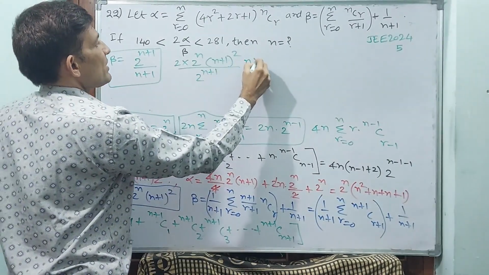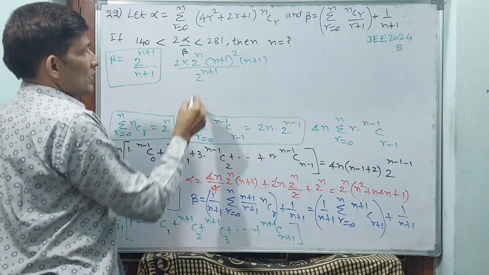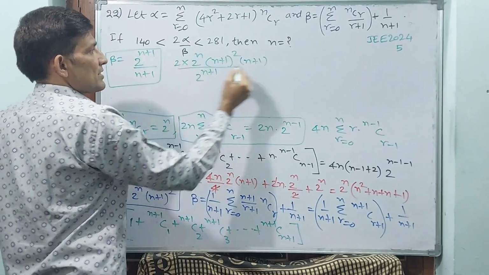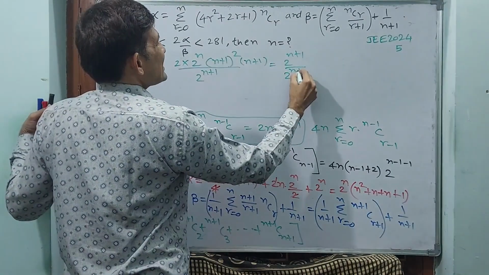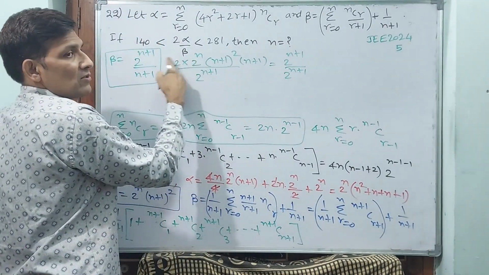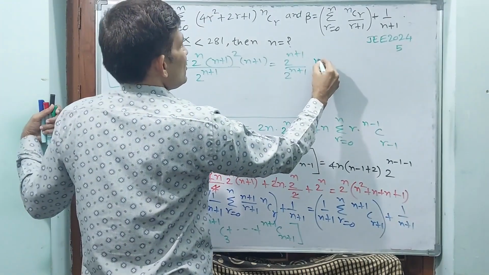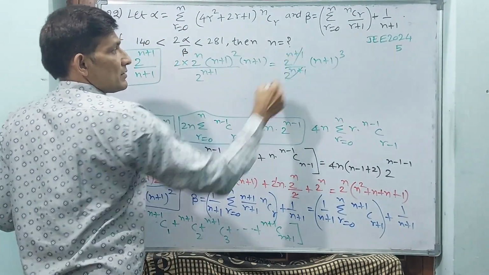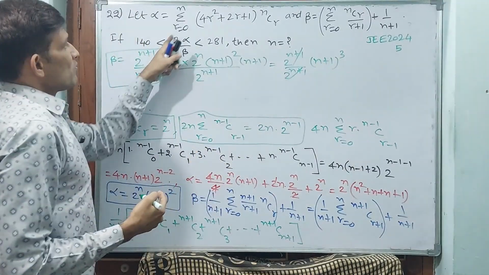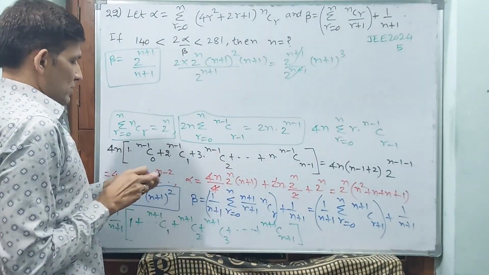Again n plus 1 you keep here. See, this is going to become 2 power n plus 1 by 2 power n plus 1, because 2 power 1, 2 power n, 2 power n plus 1. This is going to become n plus 1 into n plus 1 square. Finally, this portion has become n plus 1 cube.